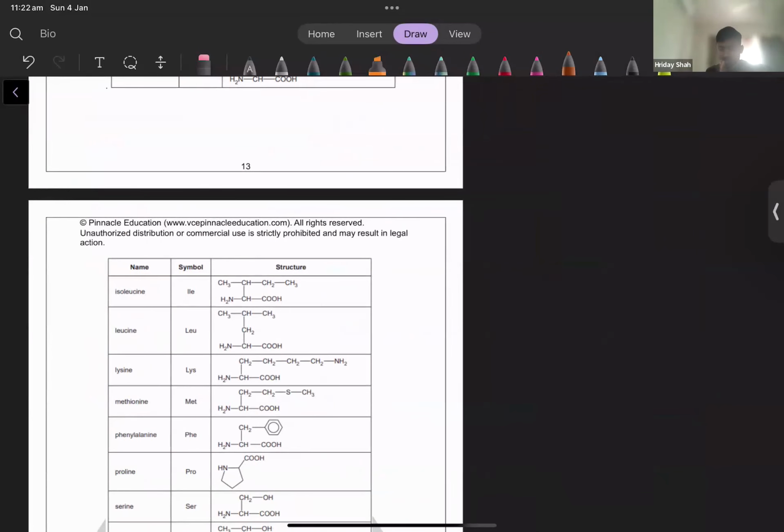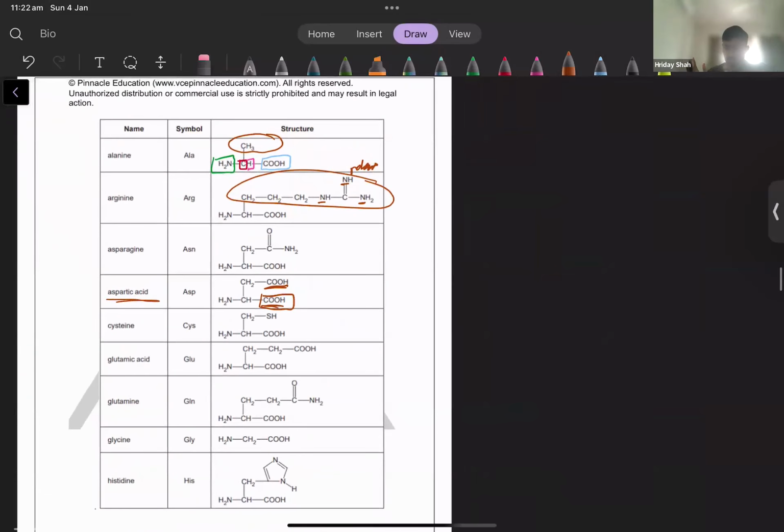Now, one task I want you to do: can you go through these 2 pages and tell me which amino acids have sulfur in them? There's something called cysteine, right?